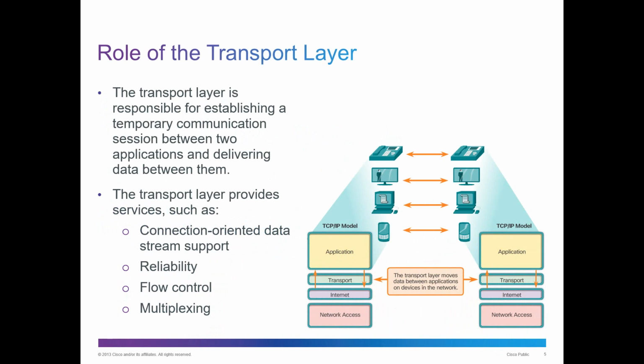Okay, the role of the transport layer is establishing a temporary communication session between two applications and delivering data between them. Basically starting up the conversation and making sure that everything flows well in the conversation. You can see it provides services such as connection-oriented data stream support, reliability, flow control, and multiplexing.